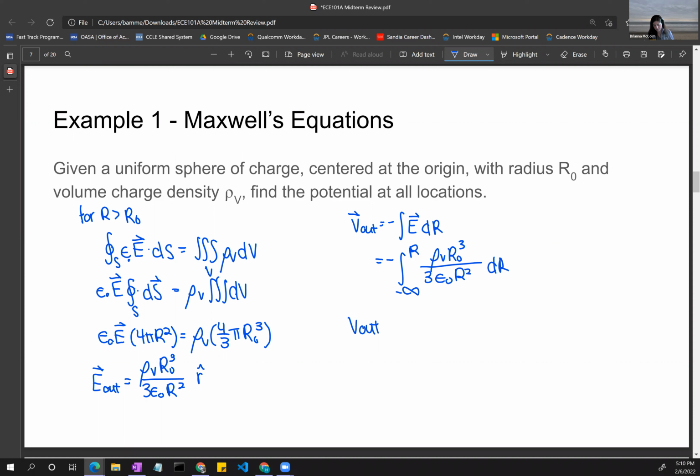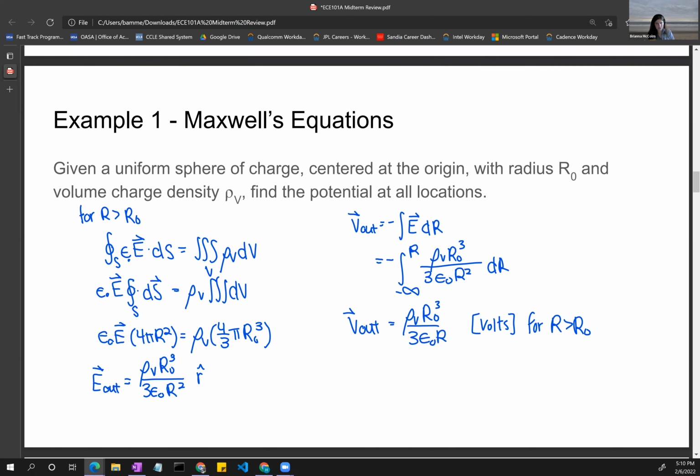And so we just take them out of the integral and we can just integrate that and simplify to this expression. And then note that this is in units of volts. And this is also only valid for r greater than r naught. So this is when we're outside of this uniform sphere of charge.